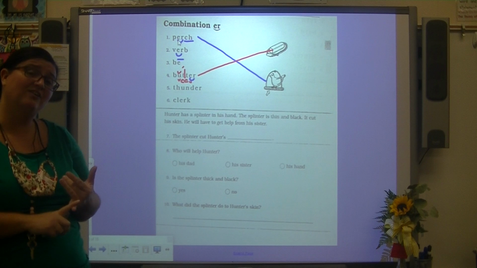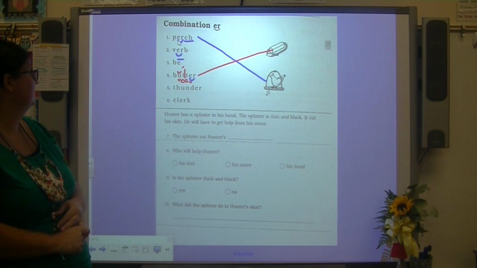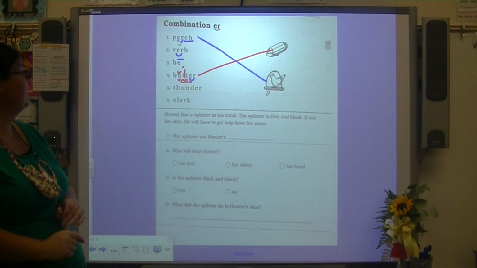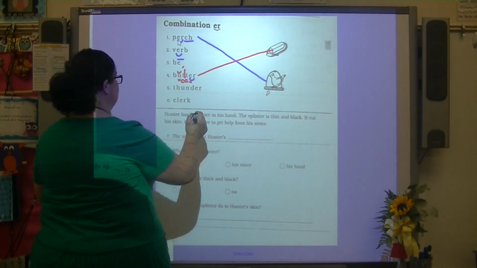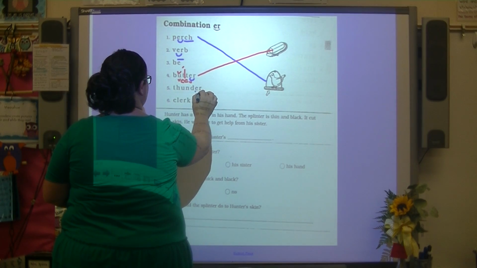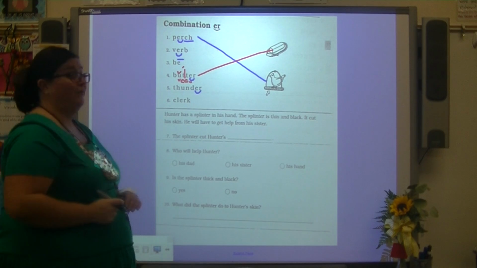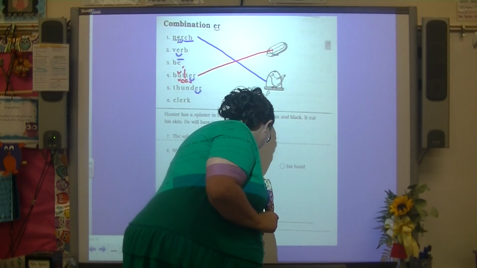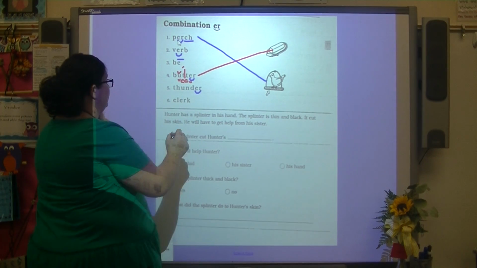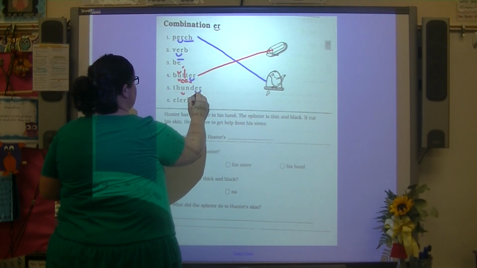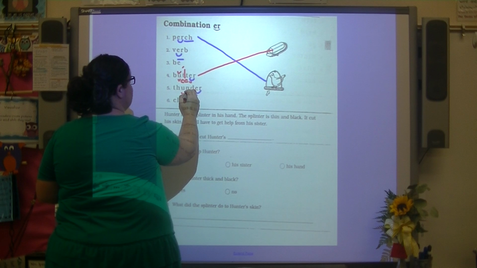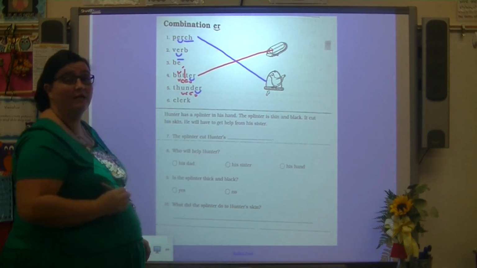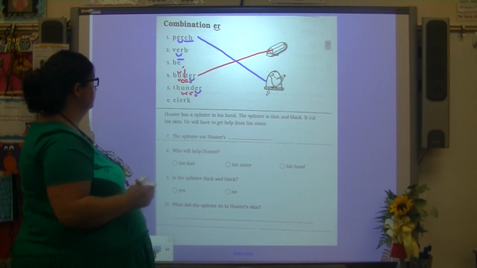All right, the next word. Do we have a digraph or combination? We have a combination, so code it. Okay, we have two vowels, so we have to look for our vowel pattern. We have vowel with two consonants in the middle, so it is vowel, consonant, consonant, vowel.